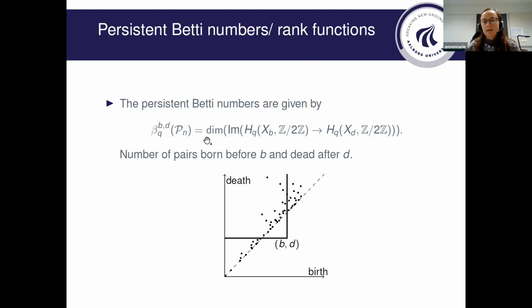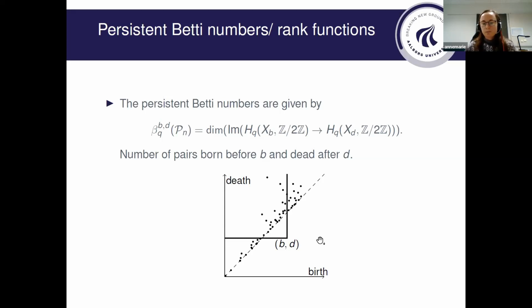What they are is, I call them beta_{B,D}^Q. If you look at homology Q of X_B, and then the image of the map to the homology of X_D, and take the dimension of this, then you get the persistent Betti numbers.